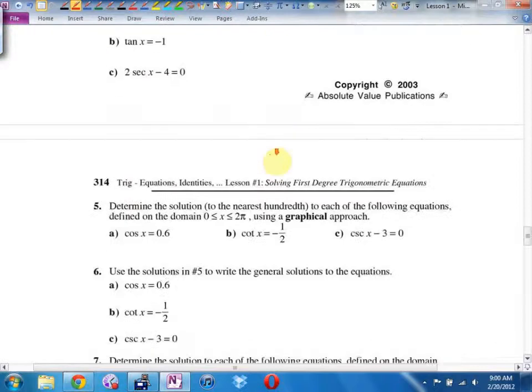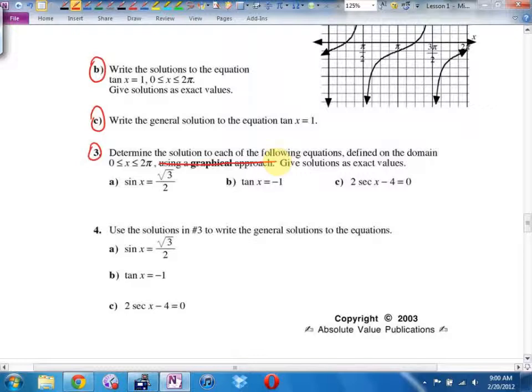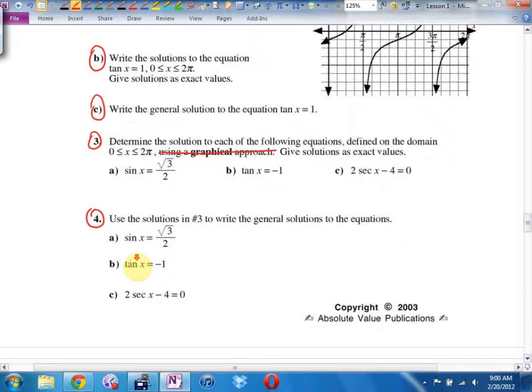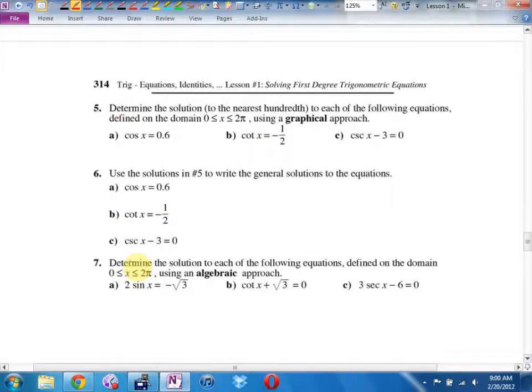Hang on, let me just double check. Yeah, don't use a graphical approach. Just add multiples of the period. Careful, tangent, ugly cousin. Number 4, give the general solutions. 5 and 6, but again, don't use a graphical approach.